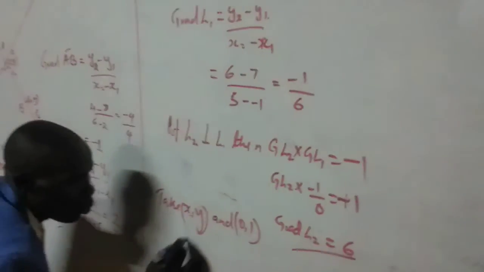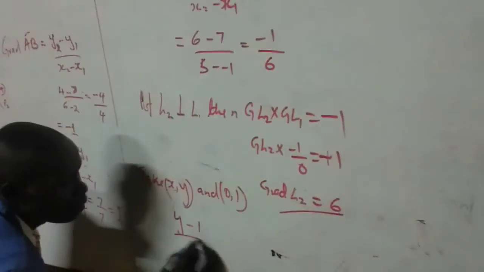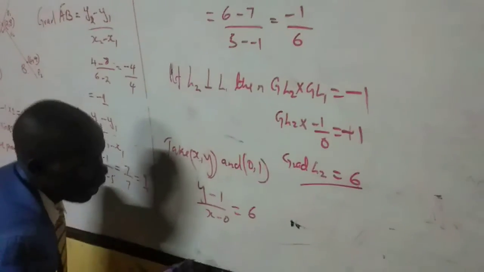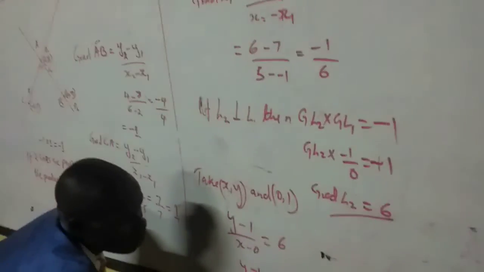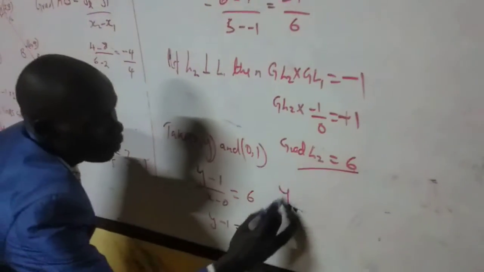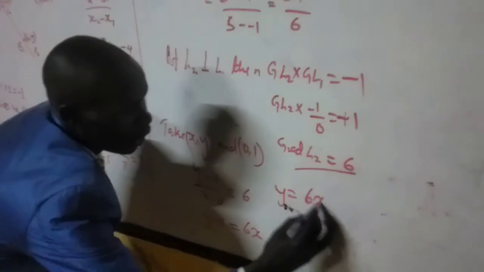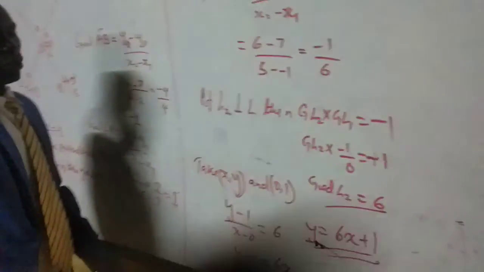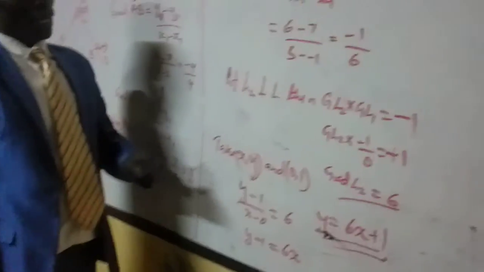So y minus 1 over x minus 0 should be equal to 6, and therefore y minus 1 is equal to 6x, and y is equal to 6x plus 1. So that will be the equation of line L2.